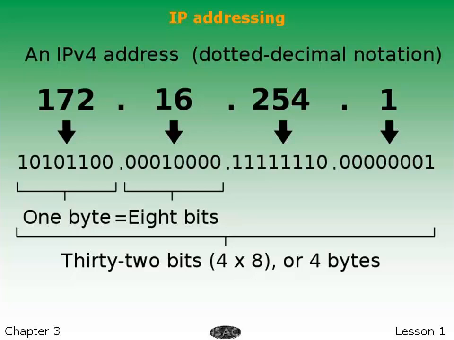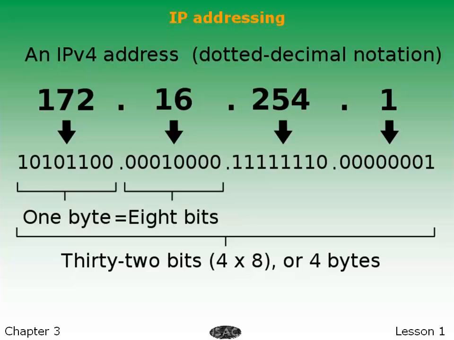IPv4 reserves some addresses for special purposes, such as private networks, approximately 18 million addresses, or multicast addresses, which are 270 million addresses.